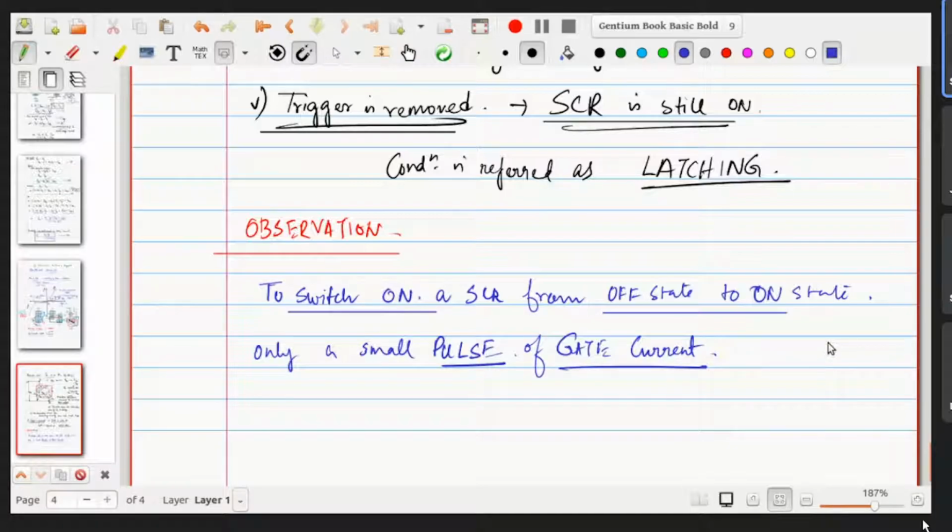Once it is switched on, the gate has no further control over the device and it remains on until the anode cathode voltage is reduced nearly to zero.